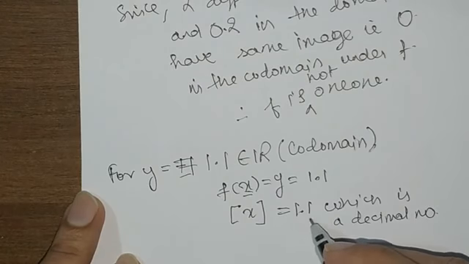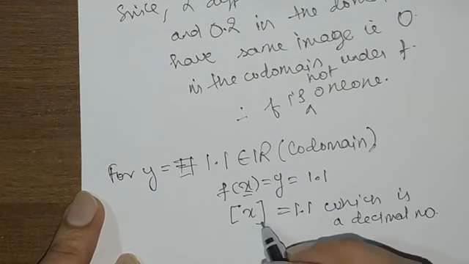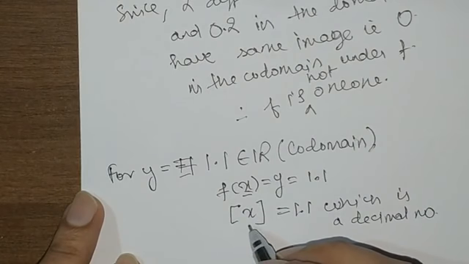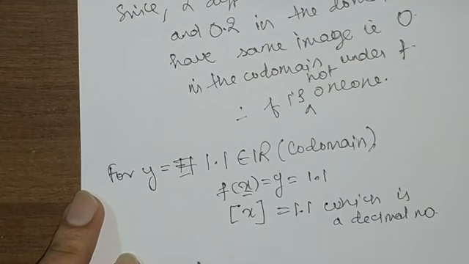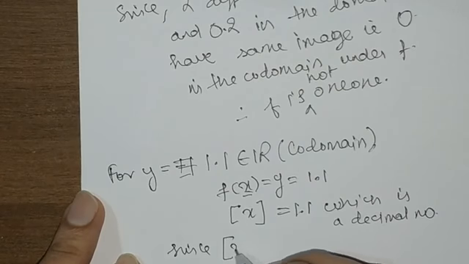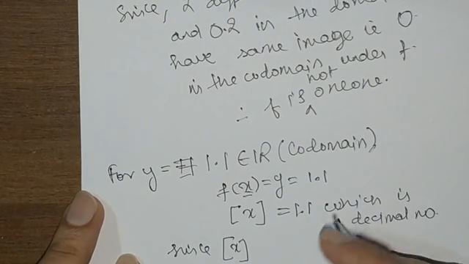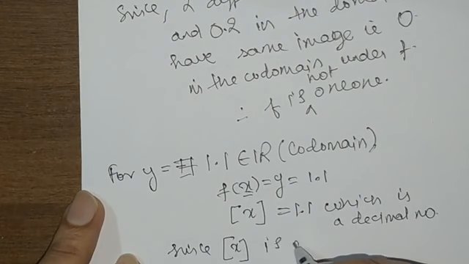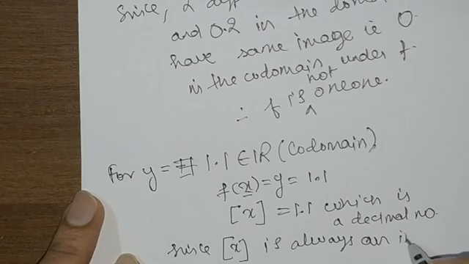But the greatest integer function is always an integer, right, since the greatest integer function is always an integer.